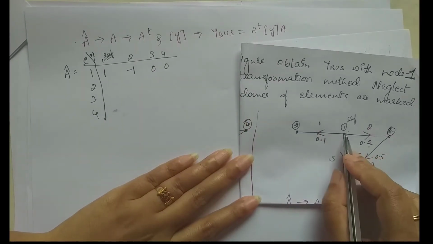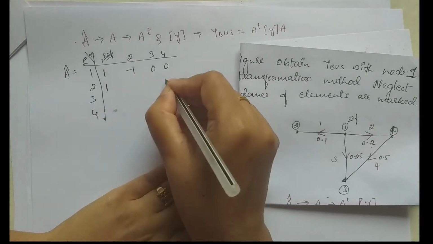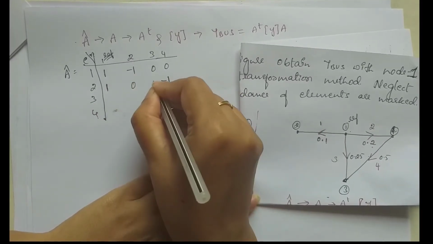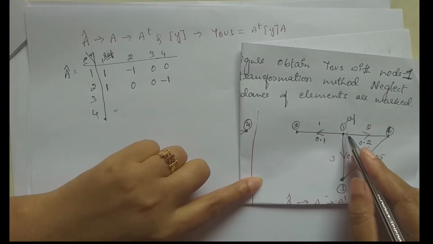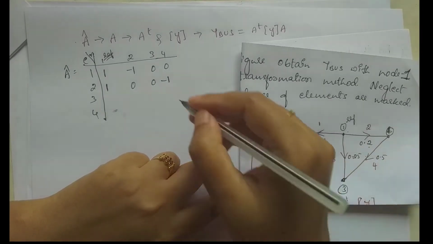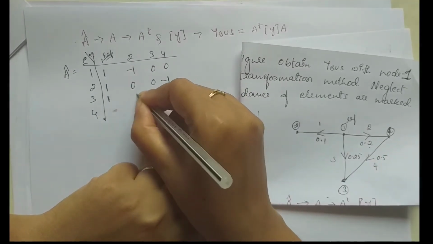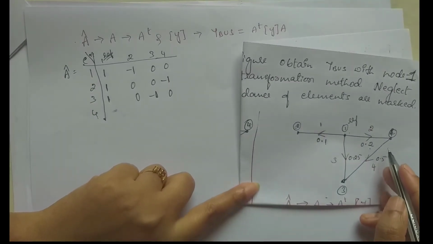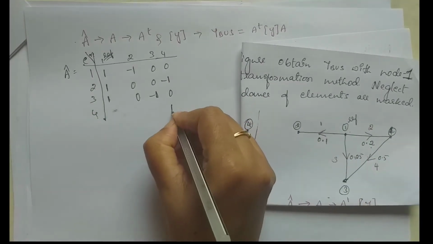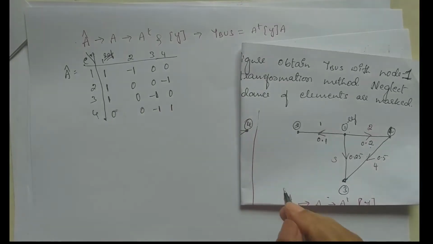The second element is away from 1 towards 4, and not oriented to 2 and 3. The third element is away from 1 towards 3. And the fourth element is away from 4 towards 3. So this is the matrix.